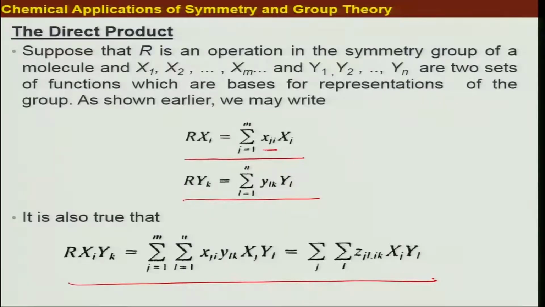This tells you that when you combine these basis functions x and y, and then operate the symmetry operation R on that, you get the result as this one, which is really not much different from the individual ones. What we are talking about is the combination of two different sets of basis functions, and then operating the symmetry operation on that.